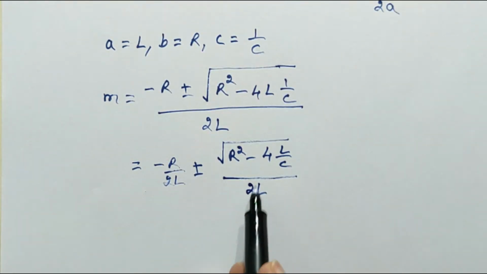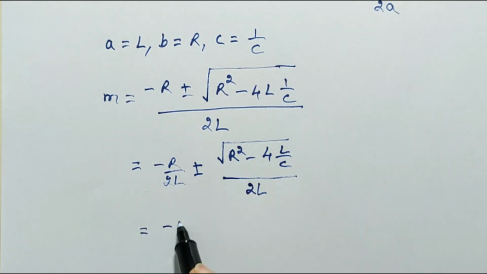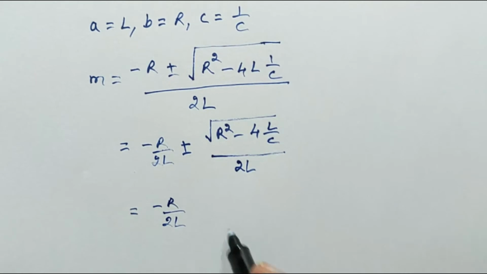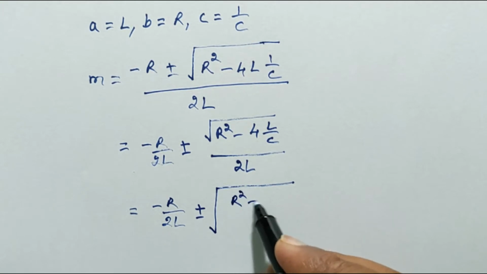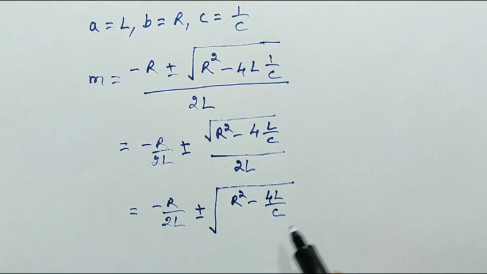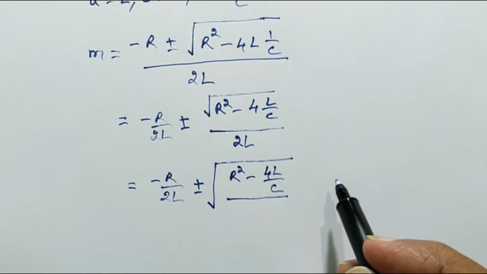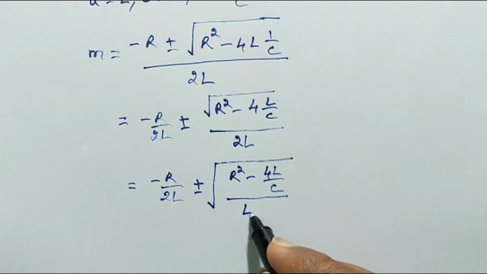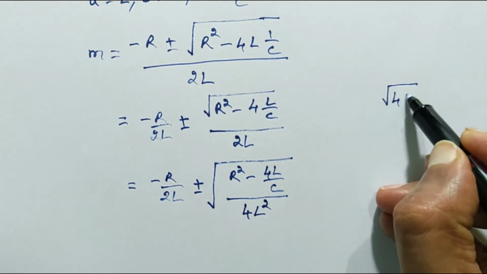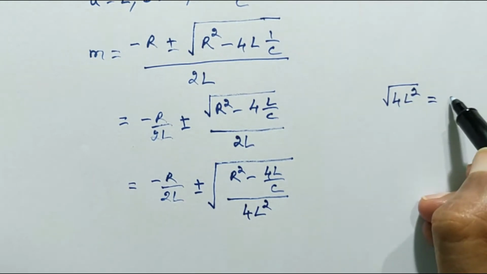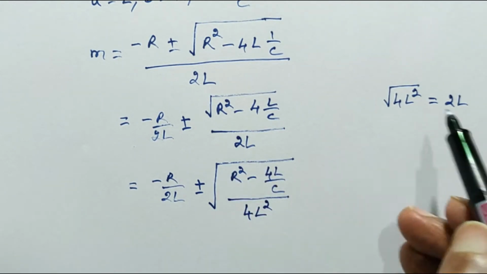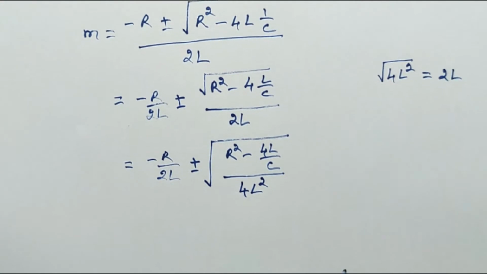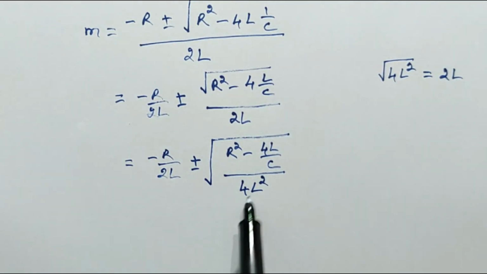Now if I want to take this value of 2L inside, I can rewrite it as minus R by 2L as it is, plus or minus square root of R square minus 4L by C, the whole divided by 2L. When this 2L comes inside the square root, it becomes 4L square, because under the root 4L square gives back 2 times L. Now let us divide each term by 4L square.